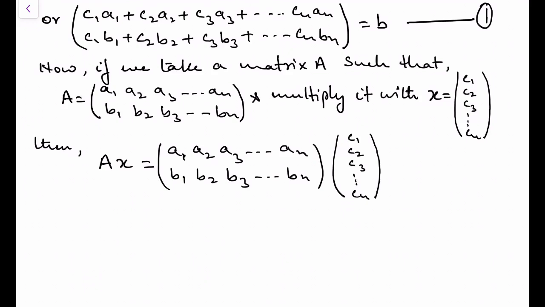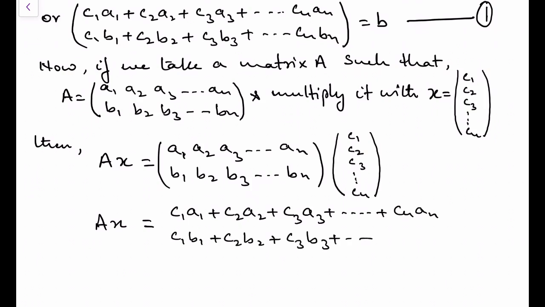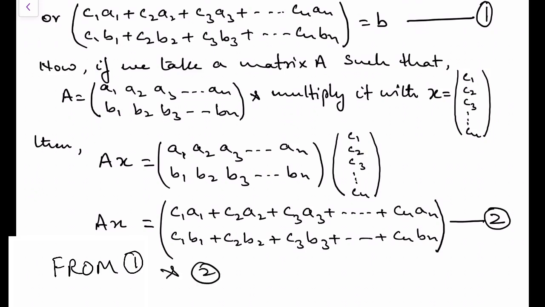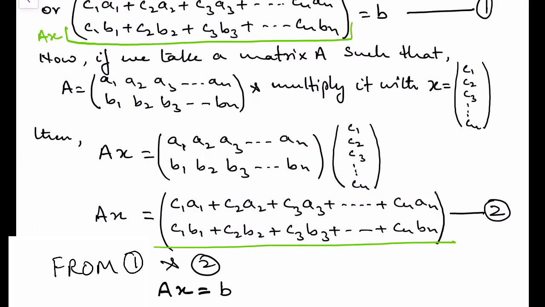Now multiply as we multiply in matrices. So Ax will be (c1a1 plus c2a2 plus c3a3 up to cnan, c1b1 plus c2b2 plus c3b3 plus up to cnbn). And if we compare equation 1 and 2, then we can see that this is Ax. So from first and second, we can say that Ax is equal to b, and this is the matrix equation.